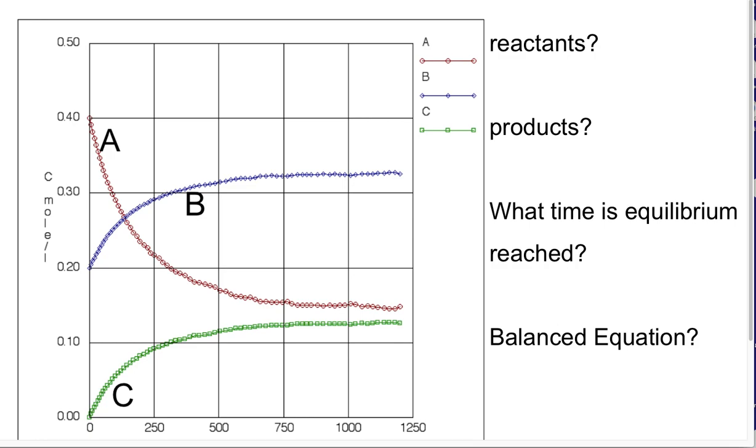What are the reactants of this reaction? A. Why A? Yeah, it's decreasing in concentration. That has to be a reactant. So B and C have to be what? Products.